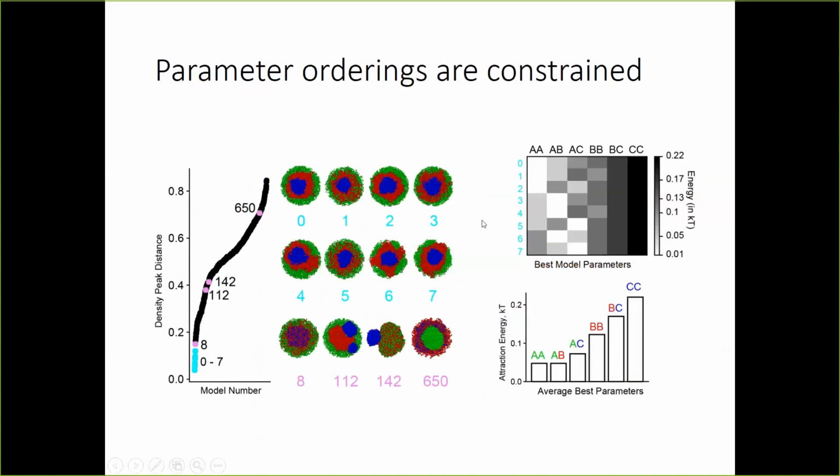So what we do here is we rank all of the models as a function of how well they do compared to microscopy. And we find that there's a clear 8 models that do really well, and these are the top 8 here. And then I've highlighted some of the bad models because we also learned a lot from looking at those.